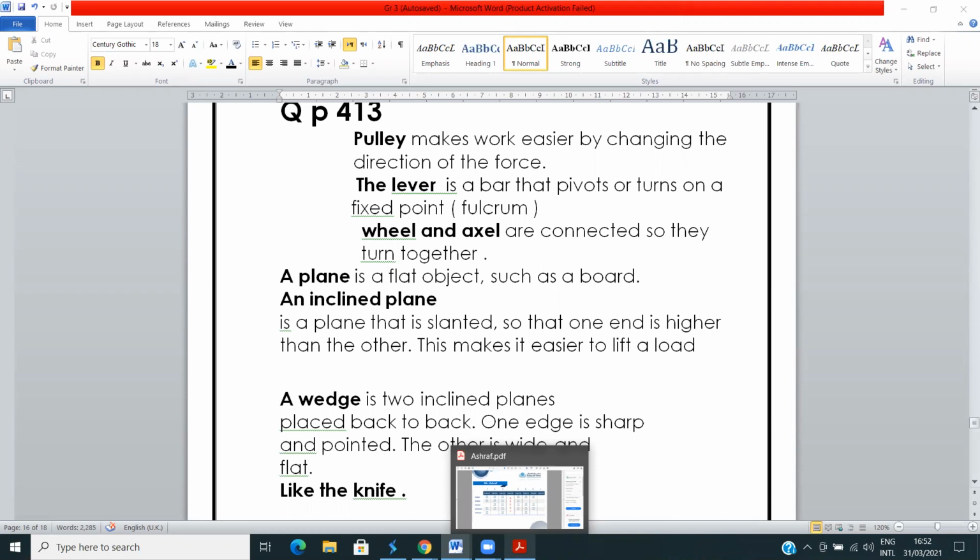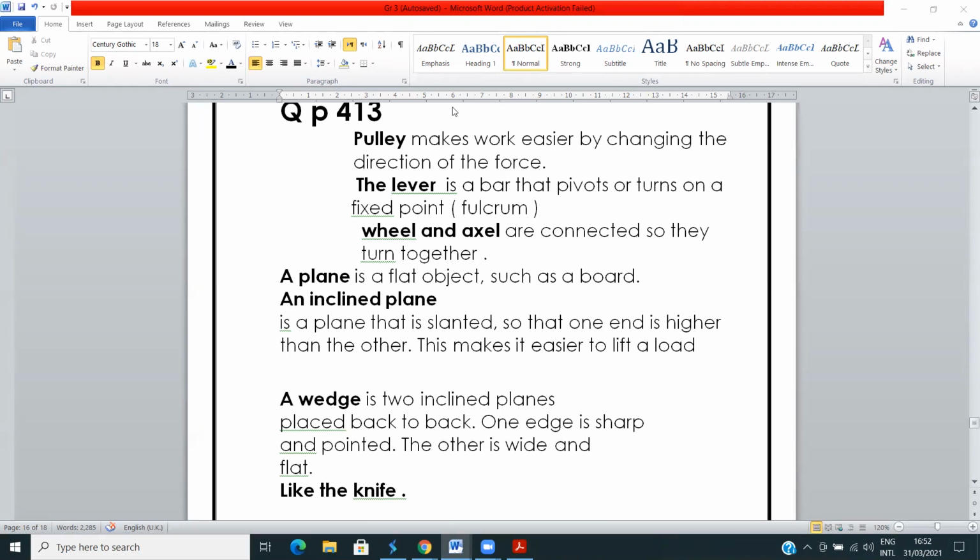One edge is sharp and pointed, and the other is wide and flat. It's like the knife. One edge sharp, like a knife.